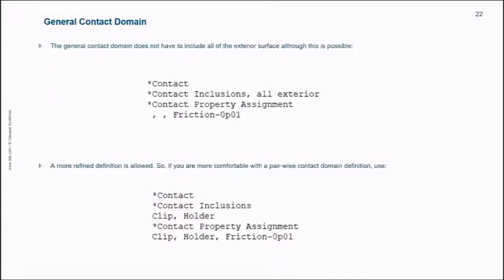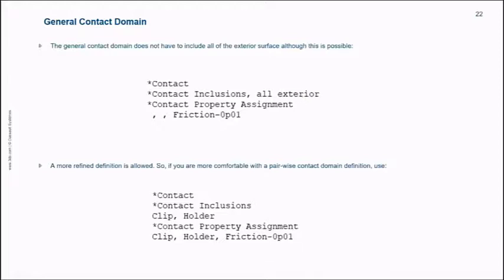All right. One note on the general contact domain. I think there's some misconception that general contact always means somehow contact on the entire exterior of a mesh. And that's one thing that you can do. You can do that in Abaqus Standard. You can do it in Abaqus Explicit. So that's the definition at the top. You can see the all exterior parameter here.